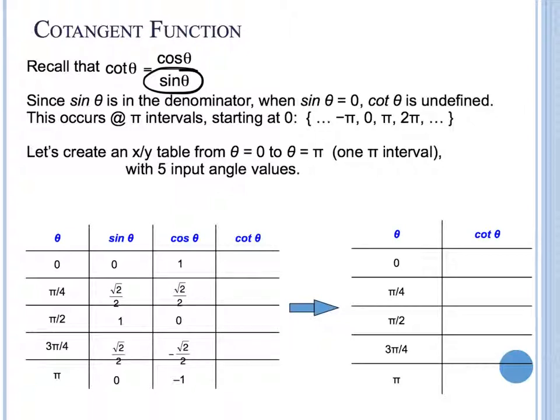So like here I'm starting at 0, I have 1 divided by 0, and that is undefined. The next one, I need to divide by the square root of 2 over 2, well, that's 1. Then I have 0 divided by 1, 0, and then I have divided by square root of 2 over 2, well, that's -1, and now I'm dividing by 0 again, so that's undefined.